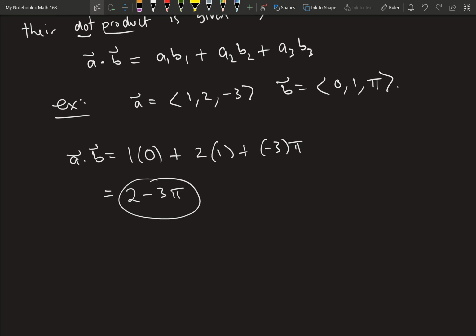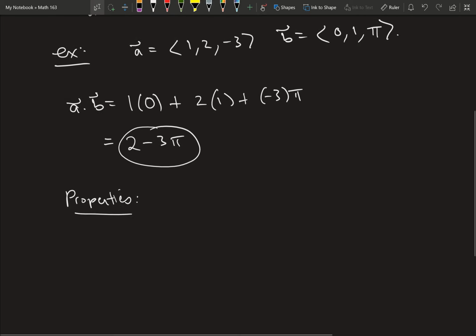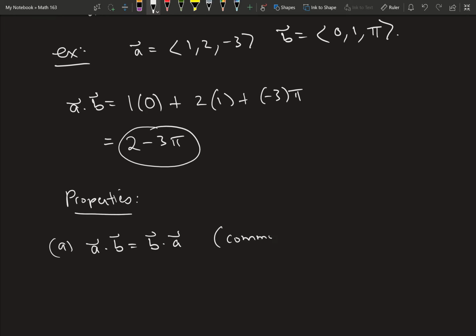Okay, so what are a few basic properties? I'm not going to list all of them, they're in your book, but I'm going to list a few of them. One important property is A dot B is equal to B dot A. So this property is called the commutative property.